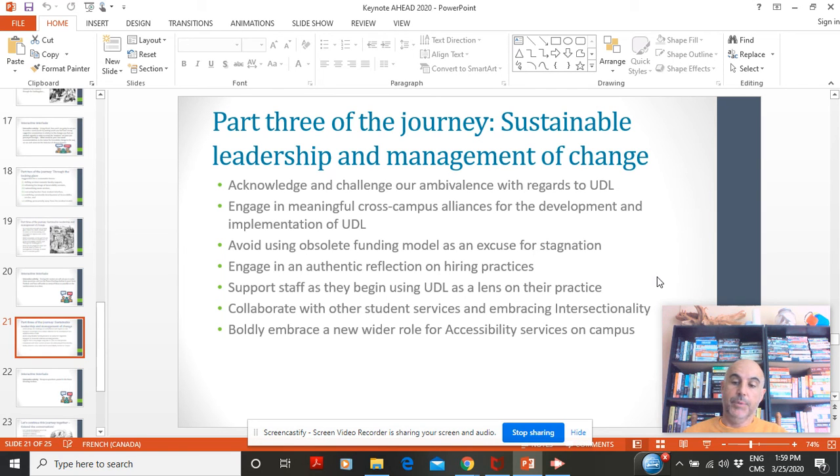You're going to find that certain people have joined accessibility services or disability services because they want to help. They're fundamental helpers. They see that as their vocation. And as we move towards something radically different, it won't suit everyone.